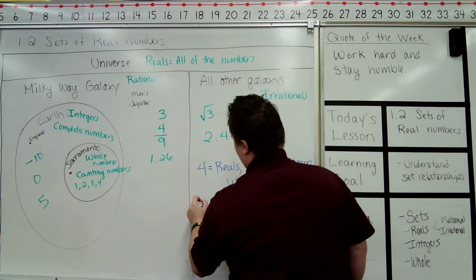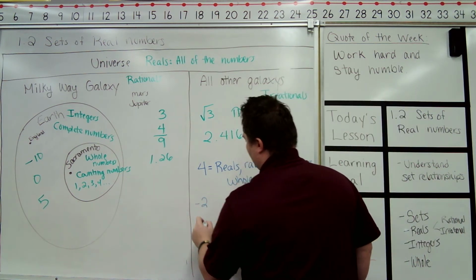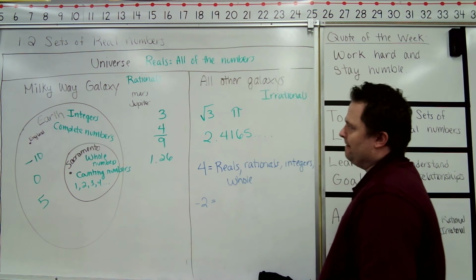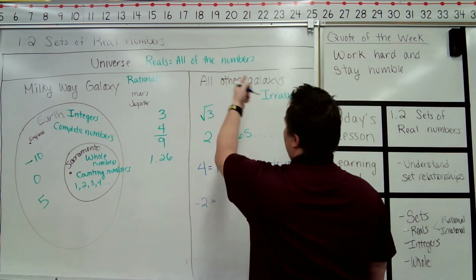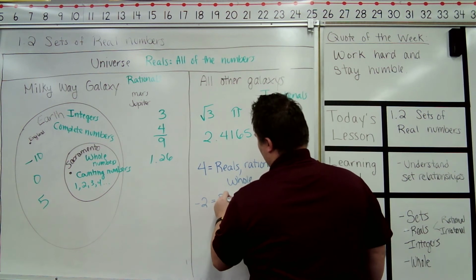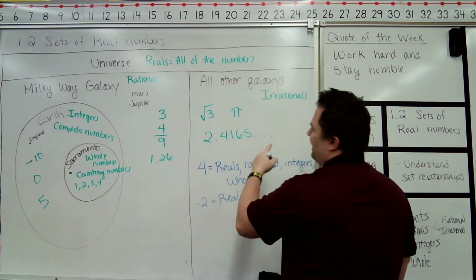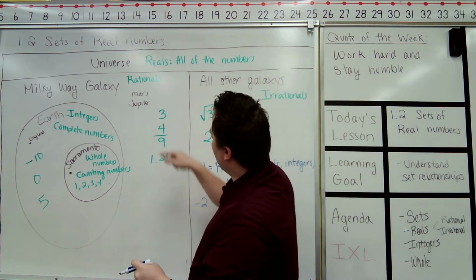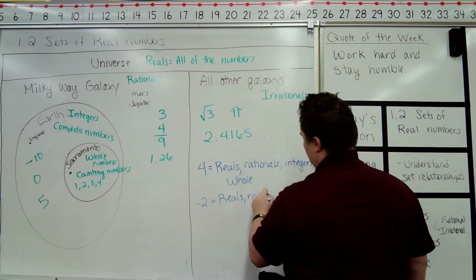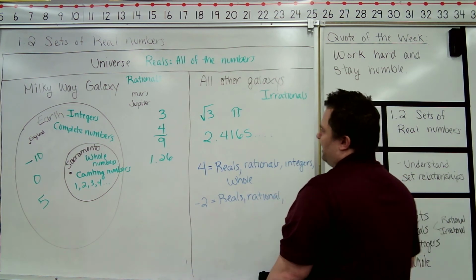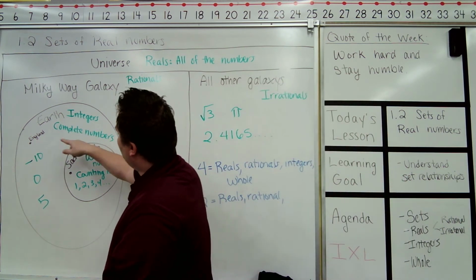What about the number -2, for example. Well, is it a member of the universe? Well, sure, of course. It's a number that exists. It is a real. It is rational because it can be turned into a fraction. This is -2/1, so it's also rational. Is it an integer? In the complete numbers, positive and negative?